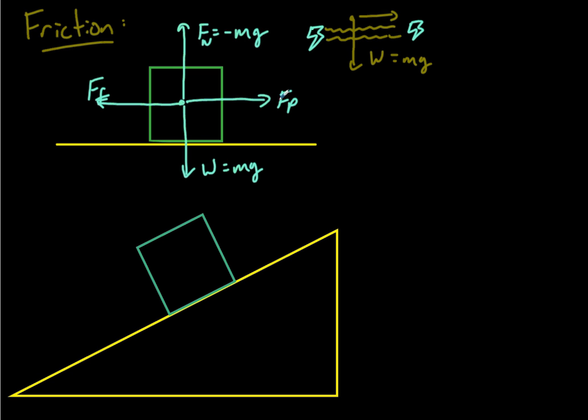At the point when the friction can no longer be equal to the pushing force, this object will start to accelerate. So it's reactive to a point, and then beyond that point, it still exists, but it's going to be lower than the pushing force, and will have an acceleration. Okay. Once we get something moving, if the pushing force and the frictional force are equal, again, the object will just continue to move at a constant rate.